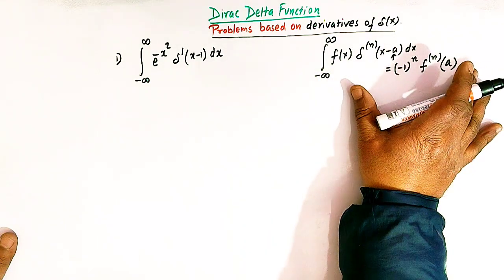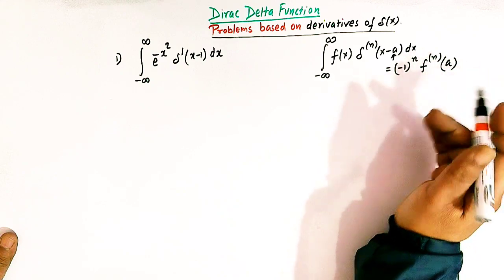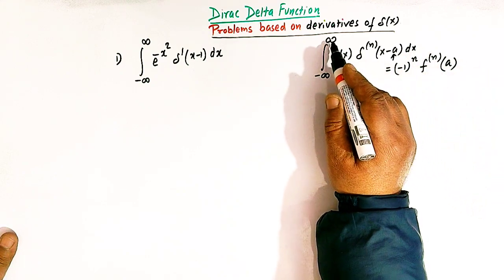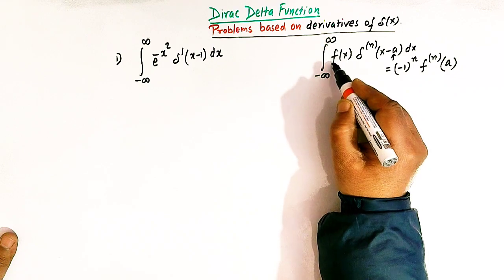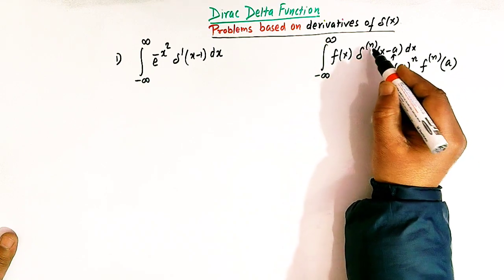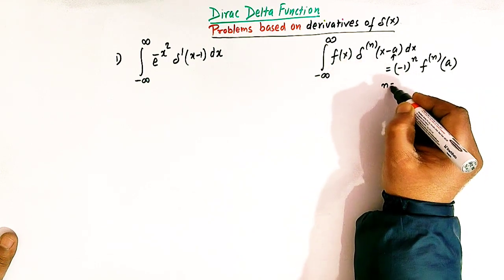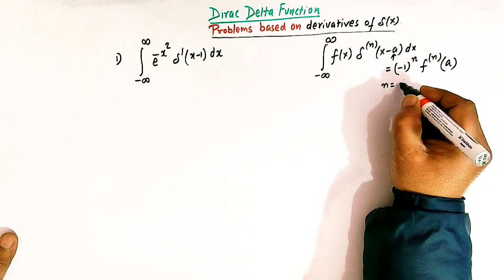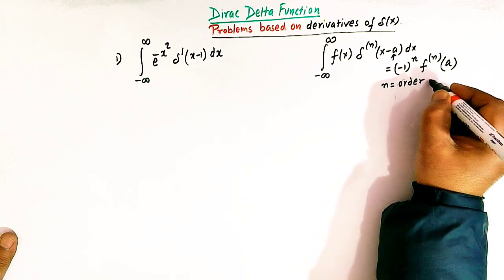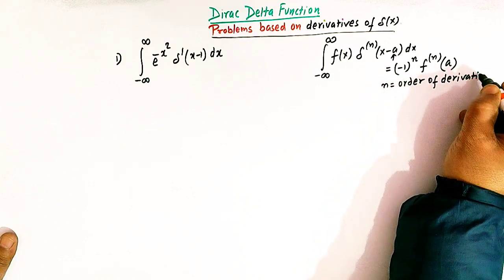So this is an important property of the delta function, in which we have to find the integral from minus infinity to infinity of f of x times the nth derivative of the delta function. Here n denotes the order of the derivative of the delta function.